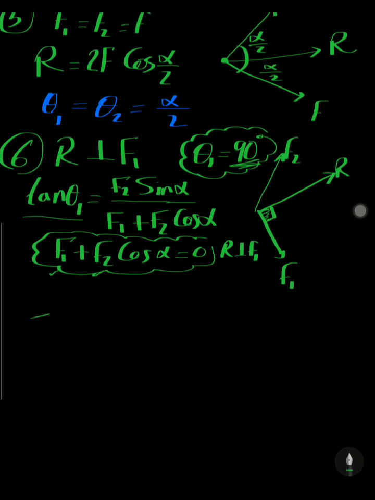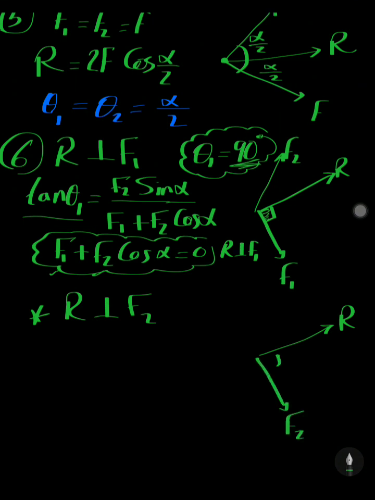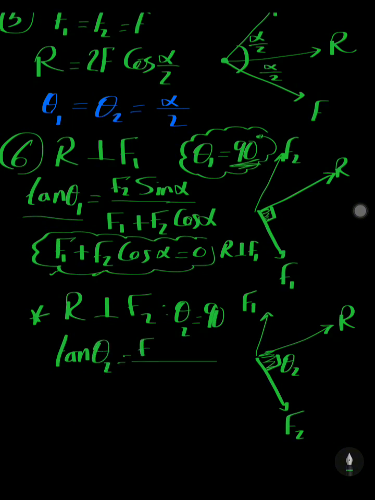If the resultant is perpendicular to F2, that means theta 2 equals 90. If we substitute theta 2 by 90 in this rule, tan theta 2 equals F1 over F2, and tan equals sine over cosine.